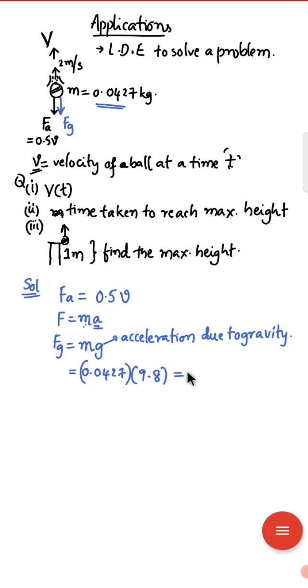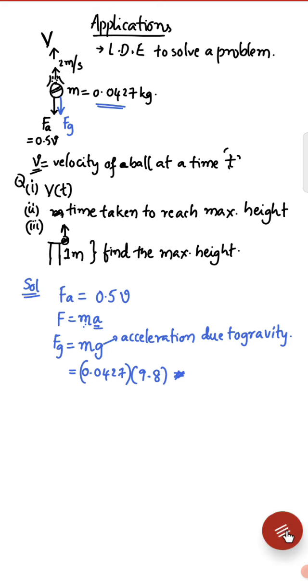So Fg comes as, okay, we'll keep it that way because there is no need to do the calculation right now.